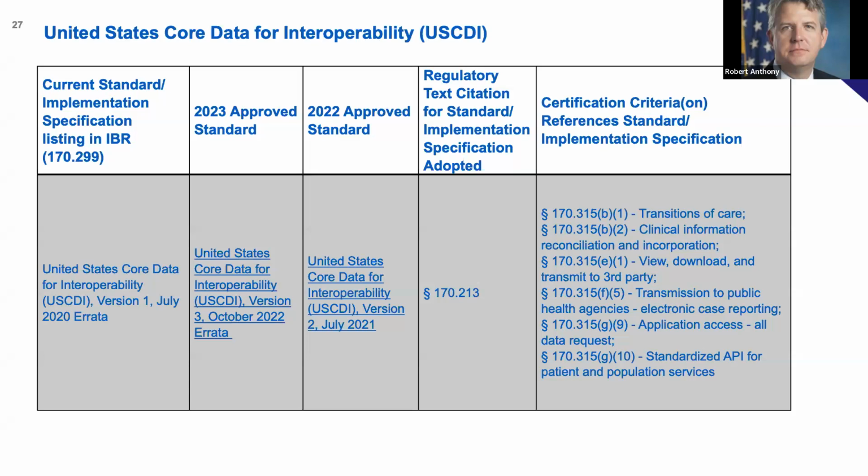So new years replace previous years. Except in this particular instance this year. We are actually extending the US CDI version 2 availability timeline. Normally, the availability for certification for US CDI version 2 would end as of the effective date for the SVAP, which is September 11th.